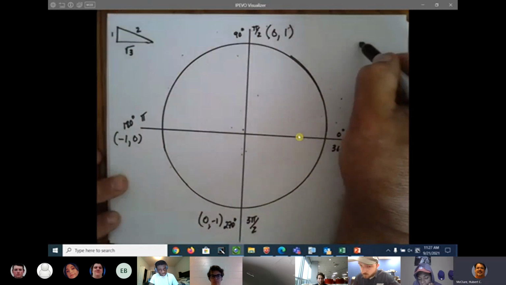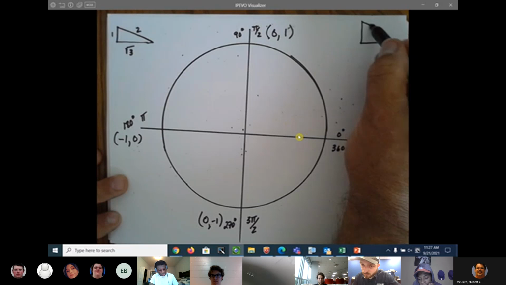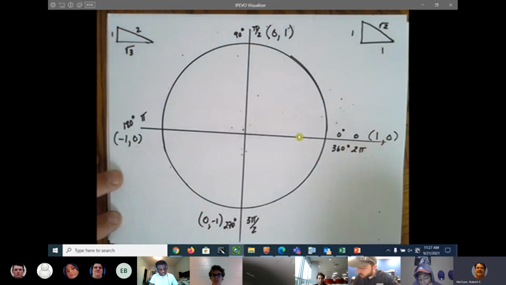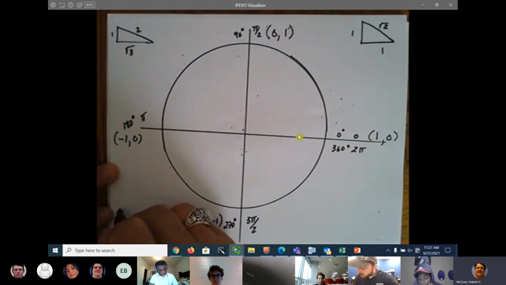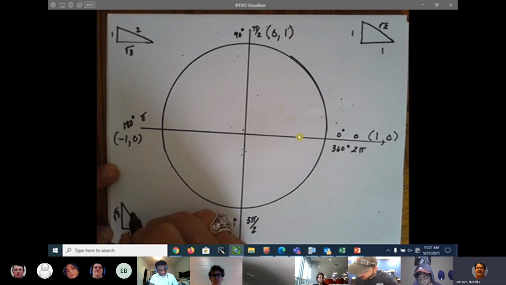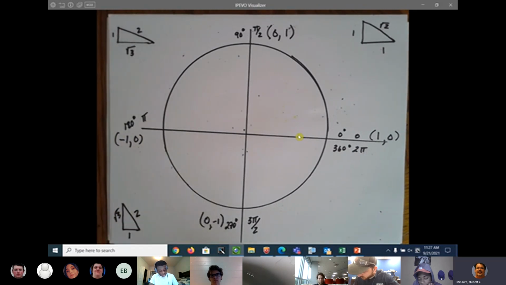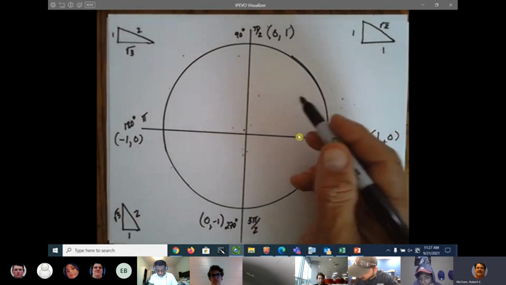The 45-degree angle, 1, 1, square root of 2. And the 60-degree angle, which is the flip side of the 30-degree angle. So what I'm going to do now is I'm going to add those angles to this.